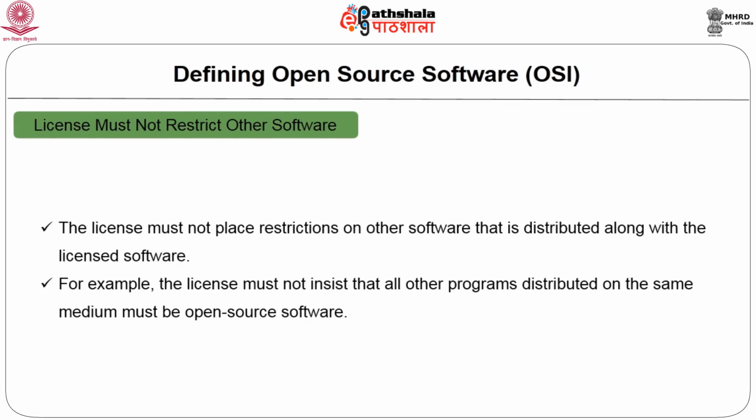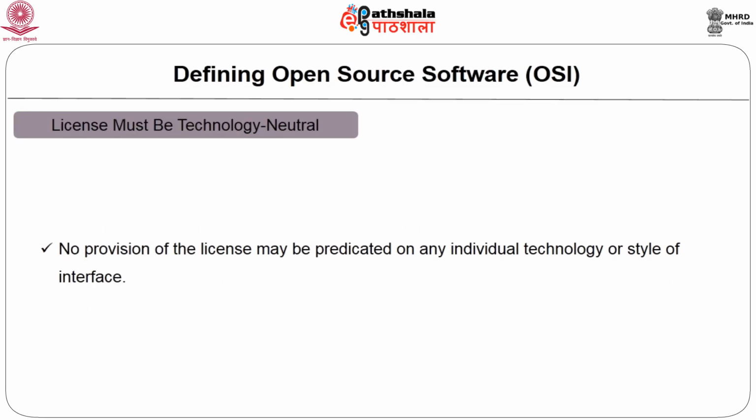And finally, the 10th point indicates license must be technology neutral. So, it says that there is no provision of the license which may be predicated on any individual technology or style of interface. So, this is an annotated definition of open source.